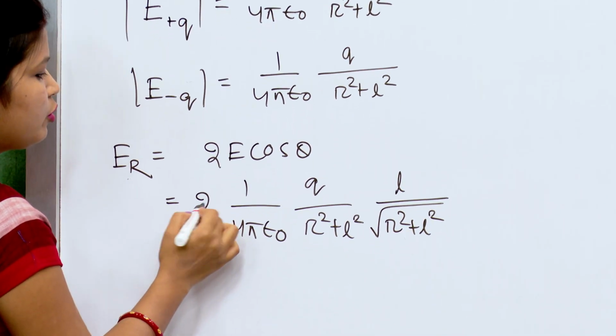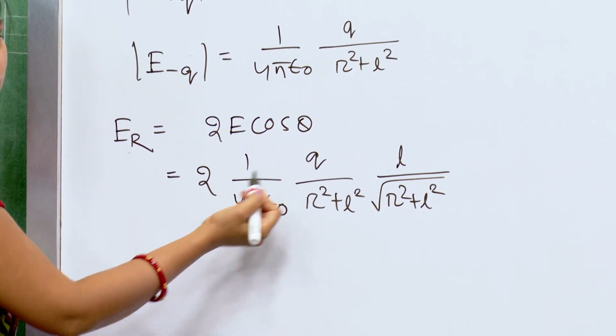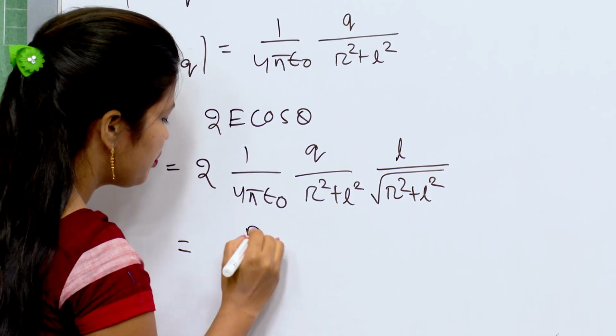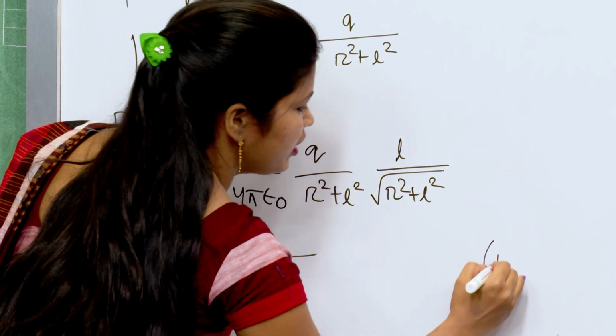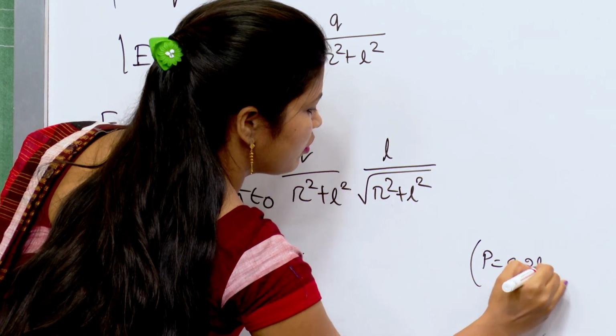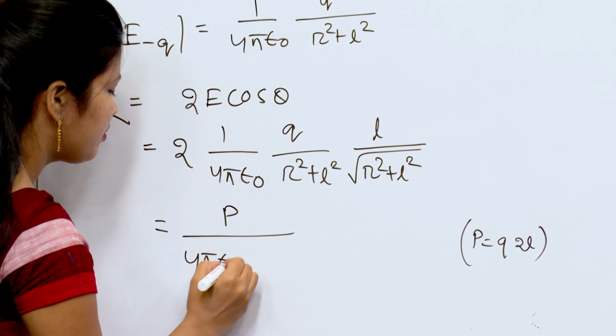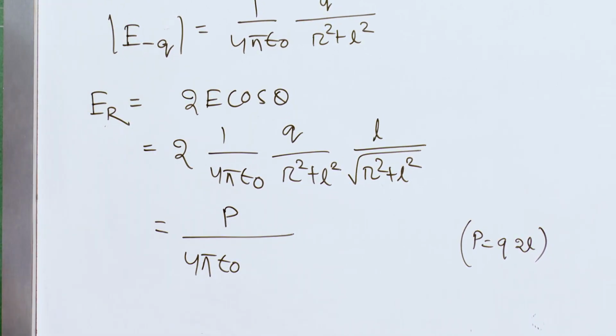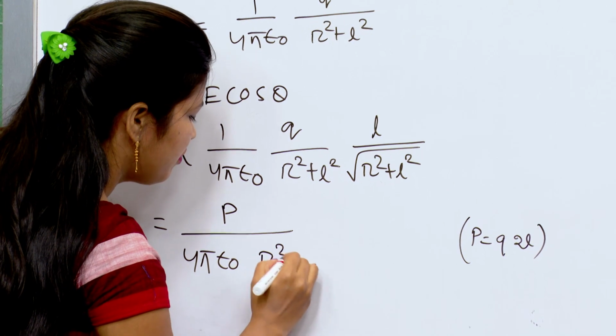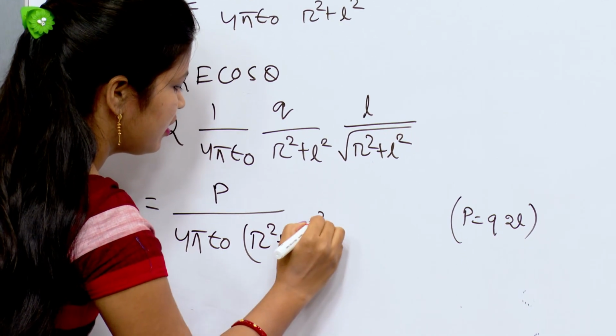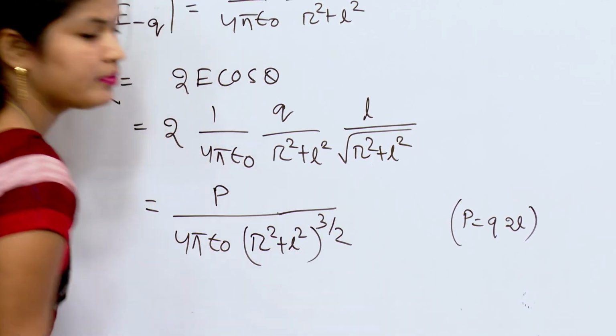See, 2 q into L, that is q into 2L, it will give p, we know that p is equal to q into 2L. So, p by 4 pi epsilon naught into (r square plus L square) to the power 3 by 2. Okay.